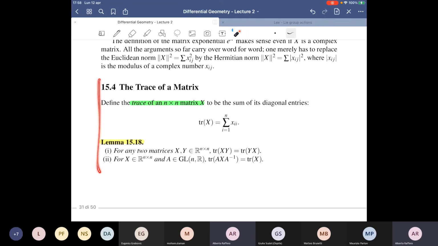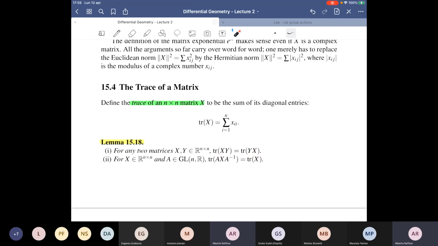Then there is the definition of the trace of a matrix, and I think you are familiar with this one. It's just the sum of the elements in the diagonal of the square matrix you are considering. And the trace of a product of two matrices is the same if you exchange the two elements in the product, even if the product is not commutative.